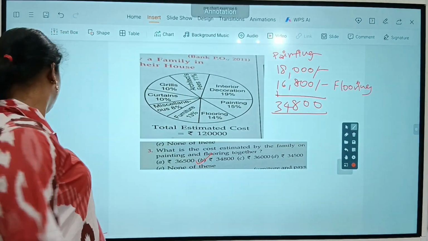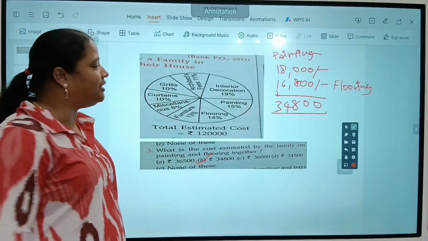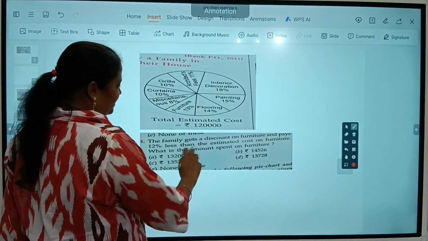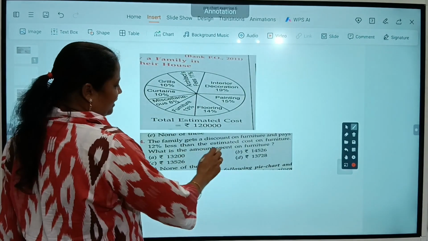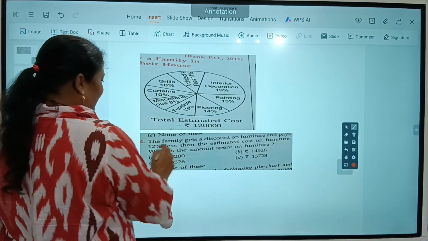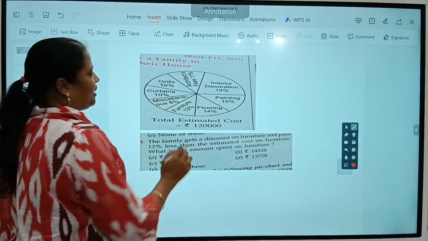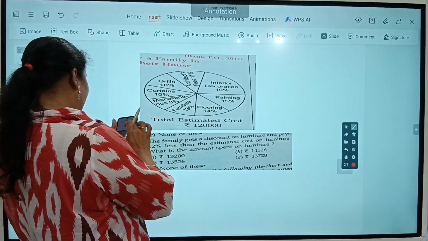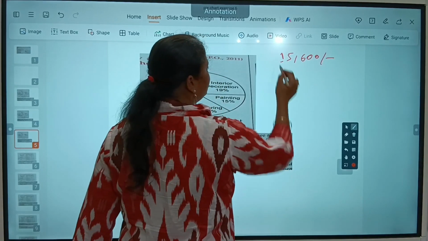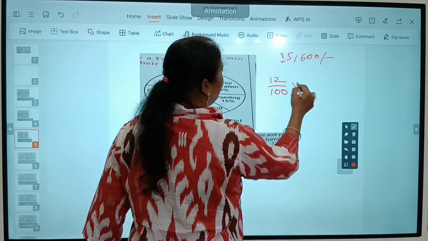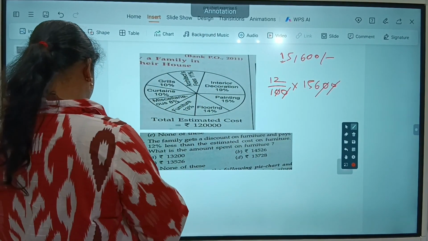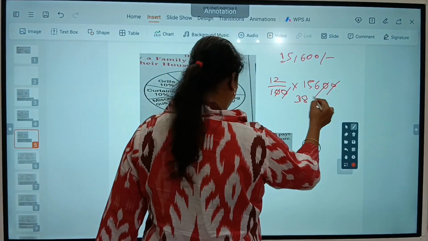Now we will move to the third question of this graph. The family gets a discount on furniture and pays 12% less than the estimated cost on furniture. What is the amount spent on furniture? The estimated cost on furniture is 15,600. For the 12% discount we have to calculate 12% of 15,600, which will be 1,872.